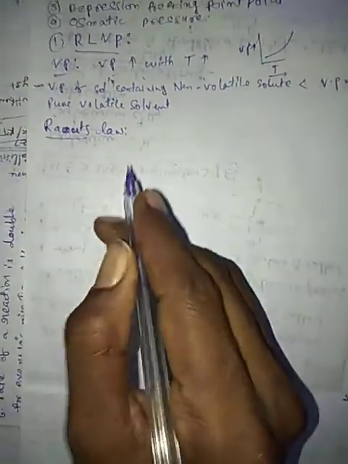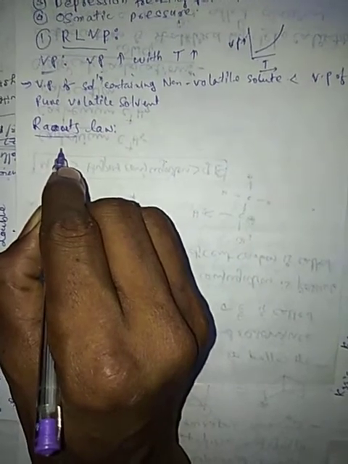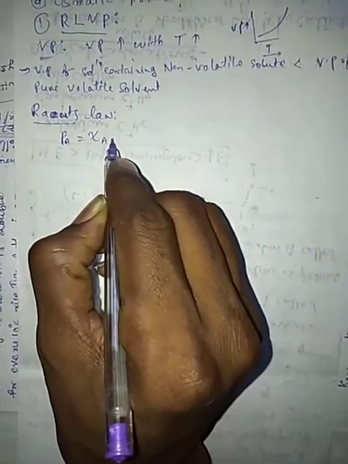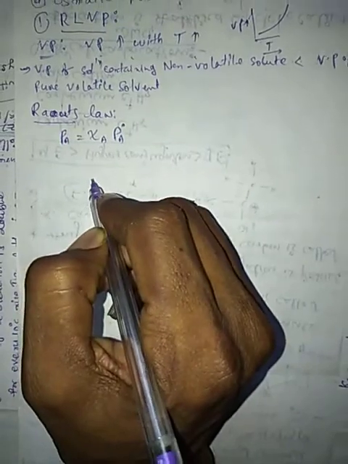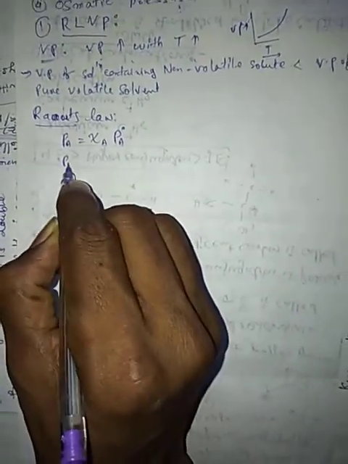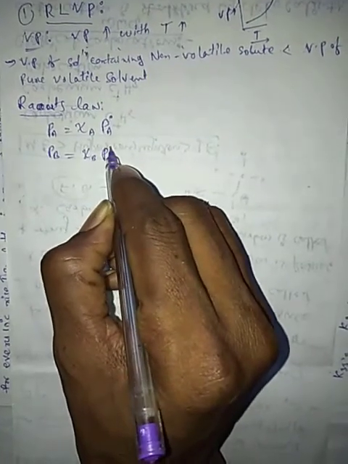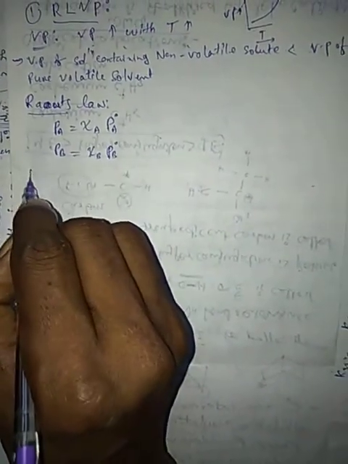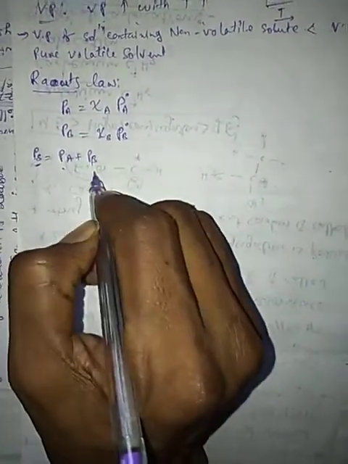Now let us assume the vapor pressure PA is equal to the mole fraction of that liquid times the vapor pressure of the pure liquid. That is for one liquid. For the next liquid, PB is the mole fraction of B times the vapor pressure of pure liquid B. Now the total pressure PS is equal to PA plus PB.